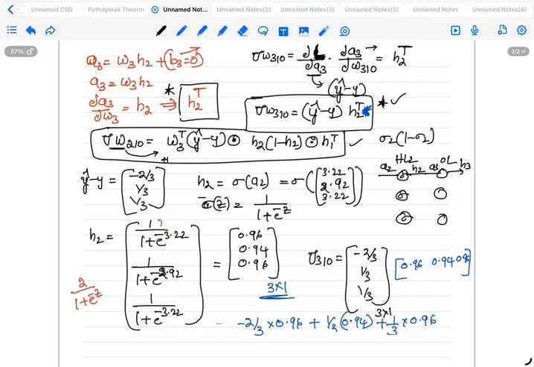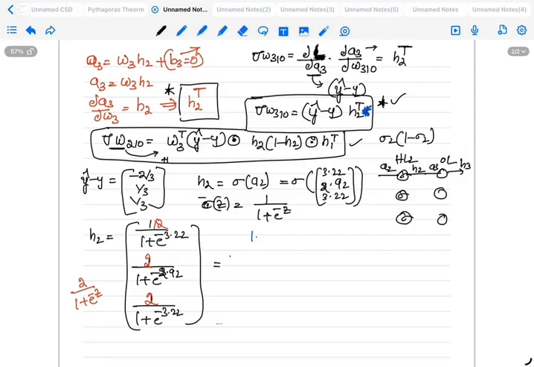So not 1 here, 2; you have to multiply by 2. So the H2 values are 1.92, 1.89, 1.92.